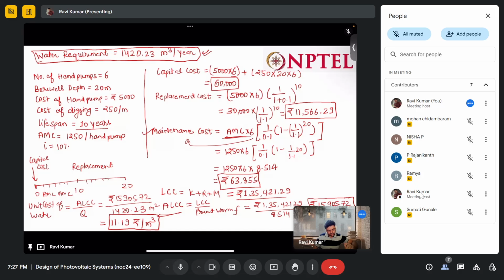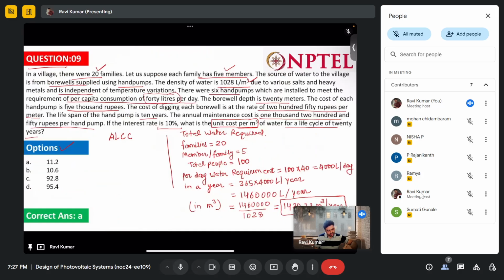And what was the options? Yes, 11.19 means 11.2. So correct answer here is 11.2. So this is how you can calculate or you can solve any questions.